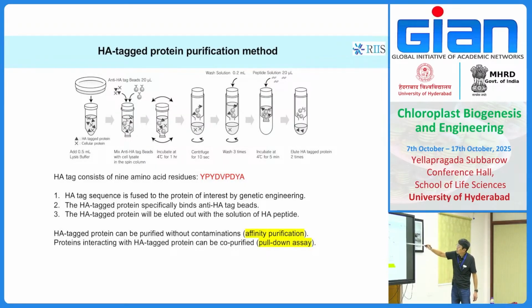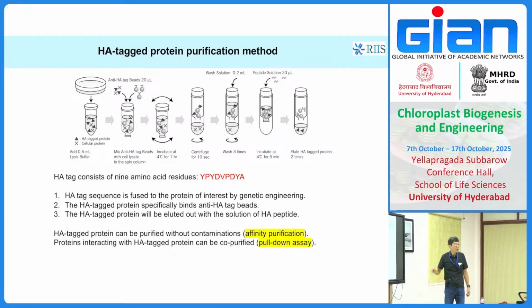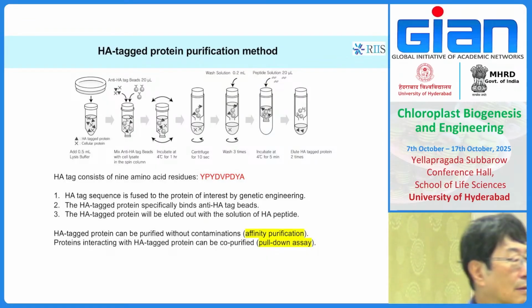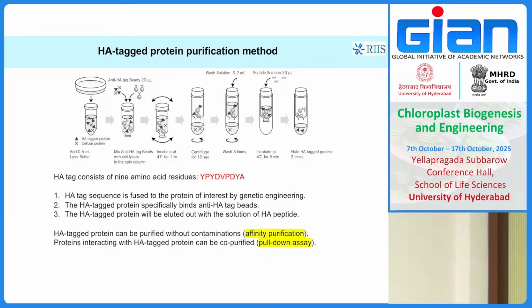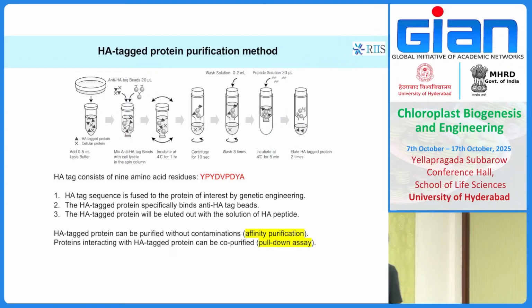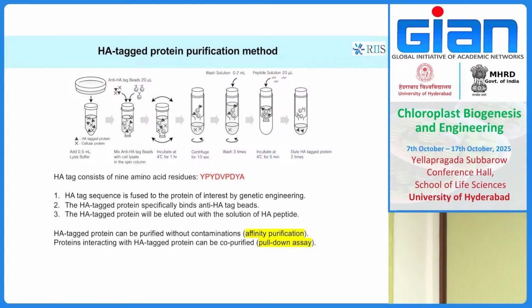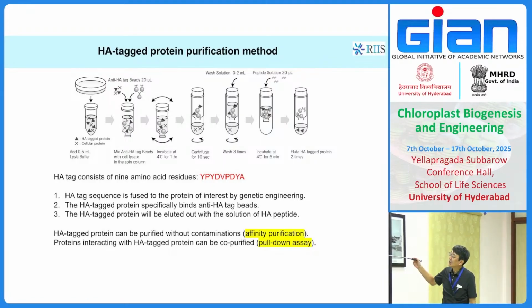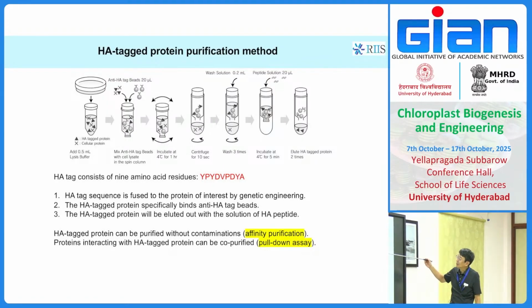So if you do this washing a few times, then you can completely remove the protein without HA tag. And then a peptide solution containing this synthetic peptide is added, and the HA-tagged protein is eluted out.